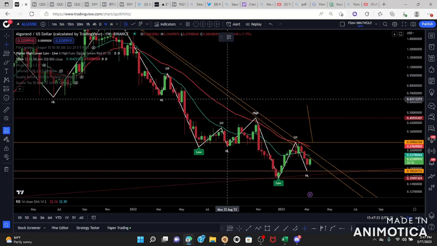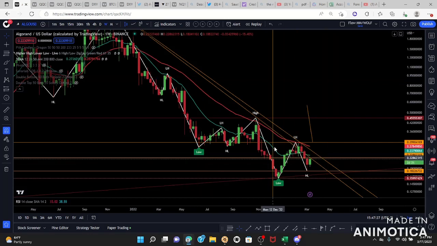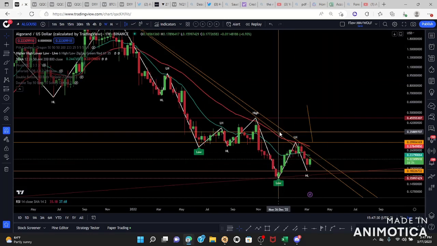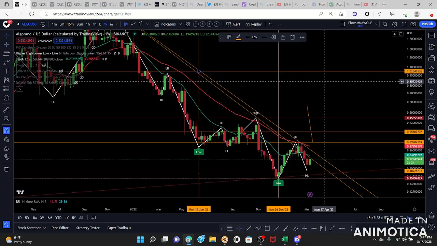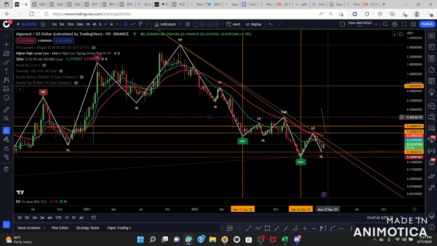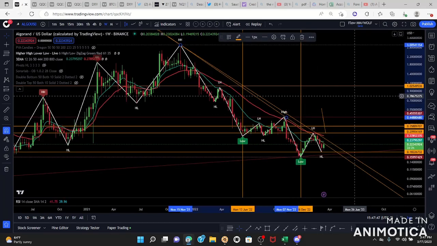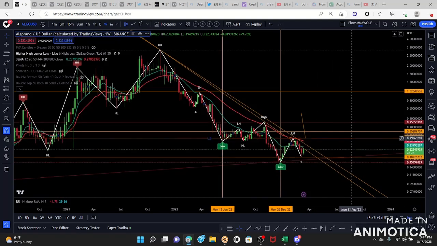I was trying to think, maybe. I just don't see. Maybe here. There you go. So because those are big trend line breaks, but is it confirmed?